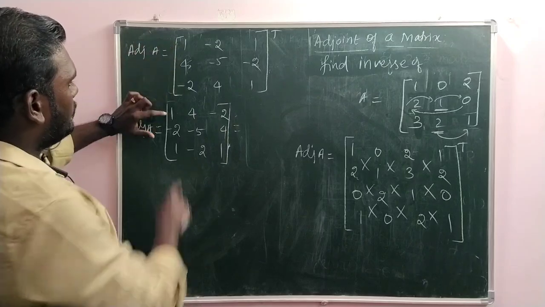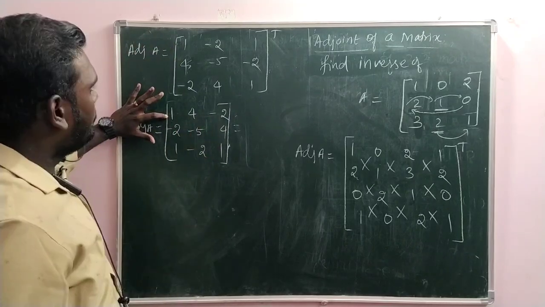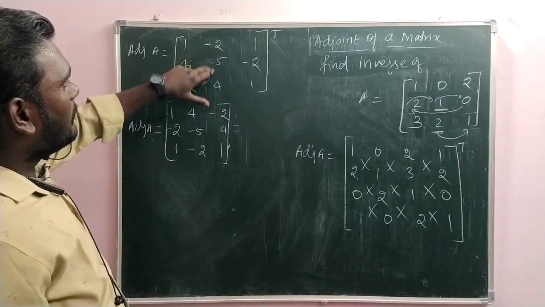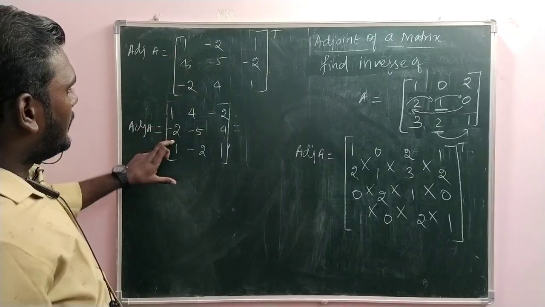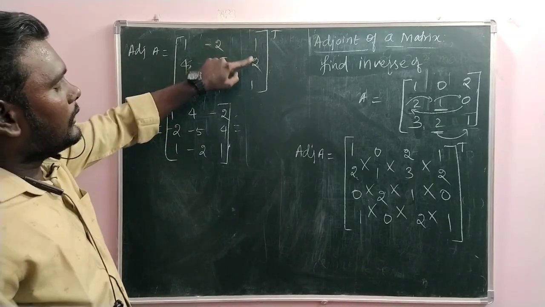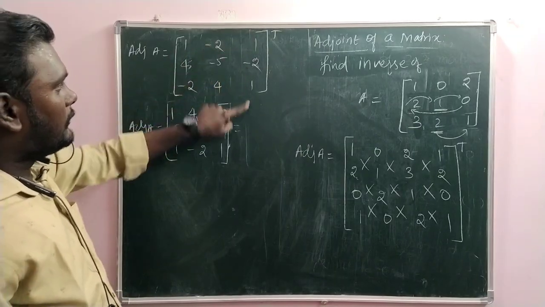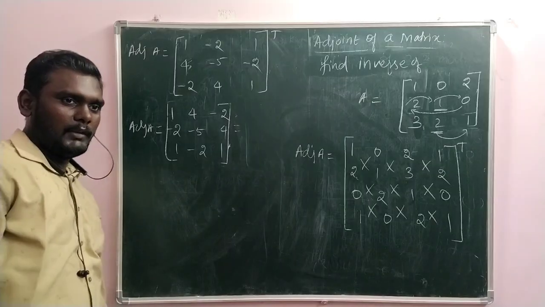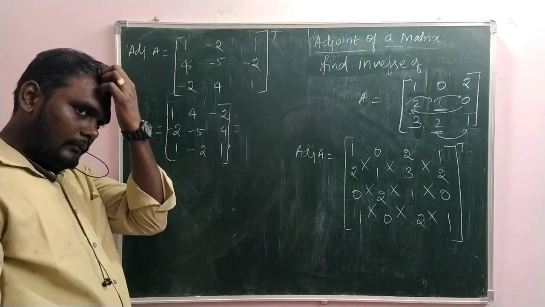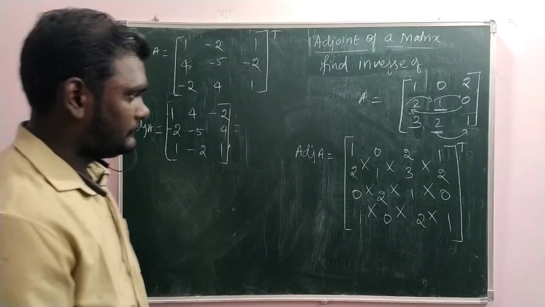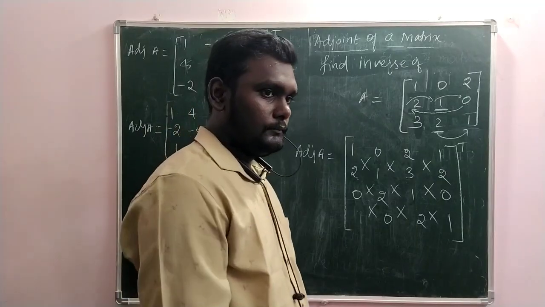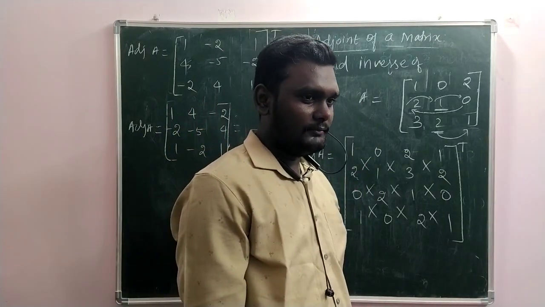See, 1, 4, minus 2, first row. Second column I am writing as the second row: minus 2, minus 5, 4. Third column I am writing as the third row: 1, minus 2, 1. We get the same answer, right? Now which is easy? That is far easier, right?